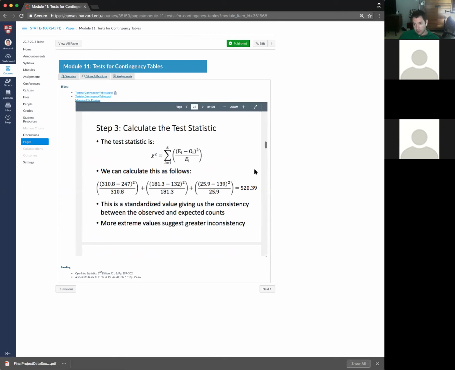And we said that the critical value for a chi-squared distribution with degrees of freedom of 2 is equal to 6. So what does that mean? What do we conclude here? If we find that our test statistic is 520.4 and the critical value is 6, what will we do?